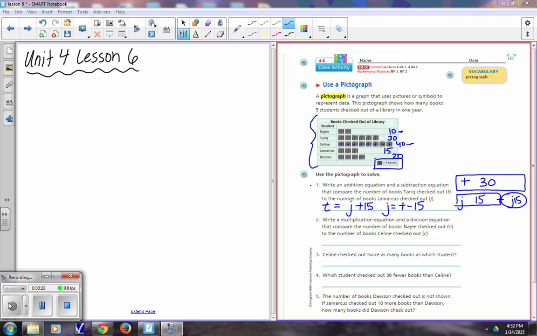So how would you write an equation that represents that Celine read 4 times as many books as Najim? So my multiplication problem would be 4 times N, 4 times what Najim read, equals Celine.